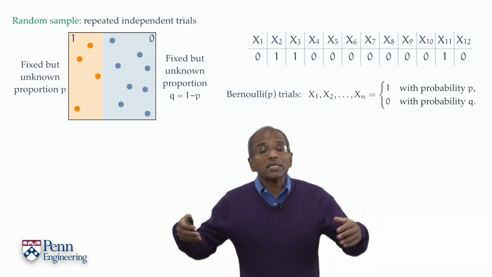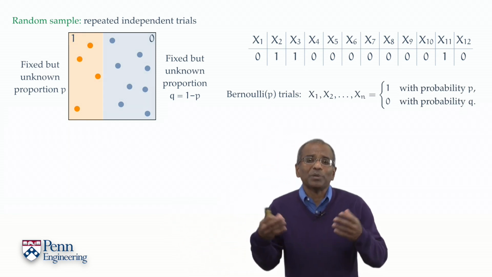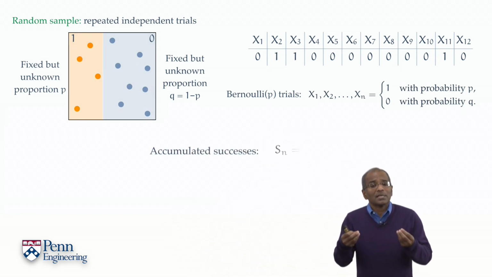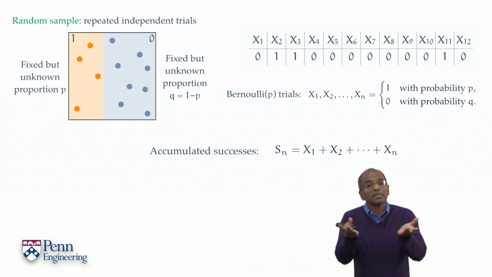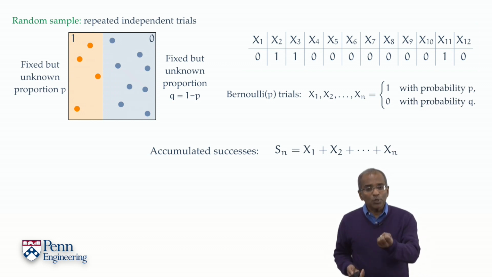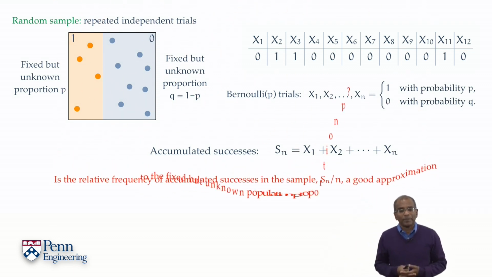We very quickly summarize the impact of the sample by forming an accumulated sum. So S sub n represents the sum of the x's, and of course this tells you how many 1s there were in the sample. And the moment we have this S sub n in hand, we now have a principle, a guiding strategy.